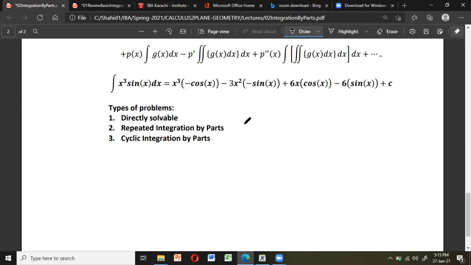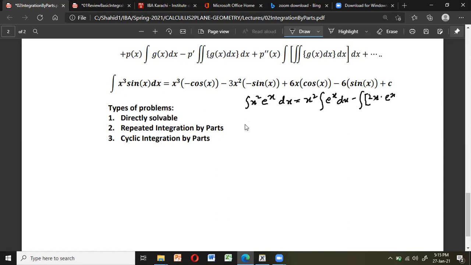Repeated integration by parts, and we have a situation of this type. Let me write down, for example, x square e power x dx. If I quickly go through this: x square integral e power x dx minus integral of the derivative of x square, which is 2x, times the integral of e power x, which is e power x, into dx.